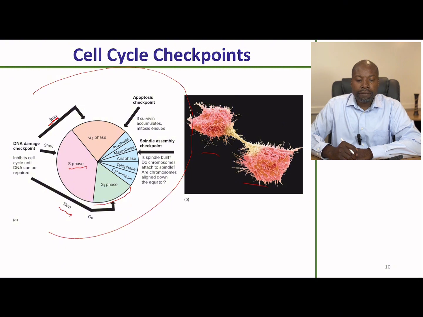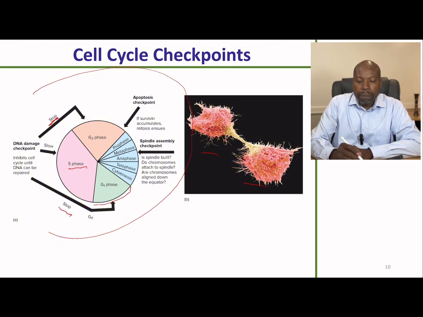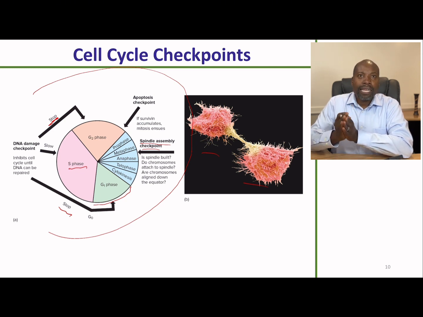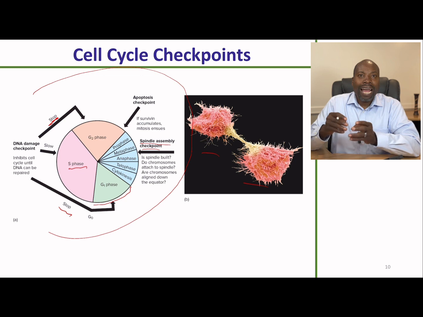And then we have the checkpoint right in the M phase, where the cell is going to check if all the chromosomes have the mitotic spindle attached to the centromeres. Why? Because the new daughter cells all have to inherit the same amount of genetic information, right?